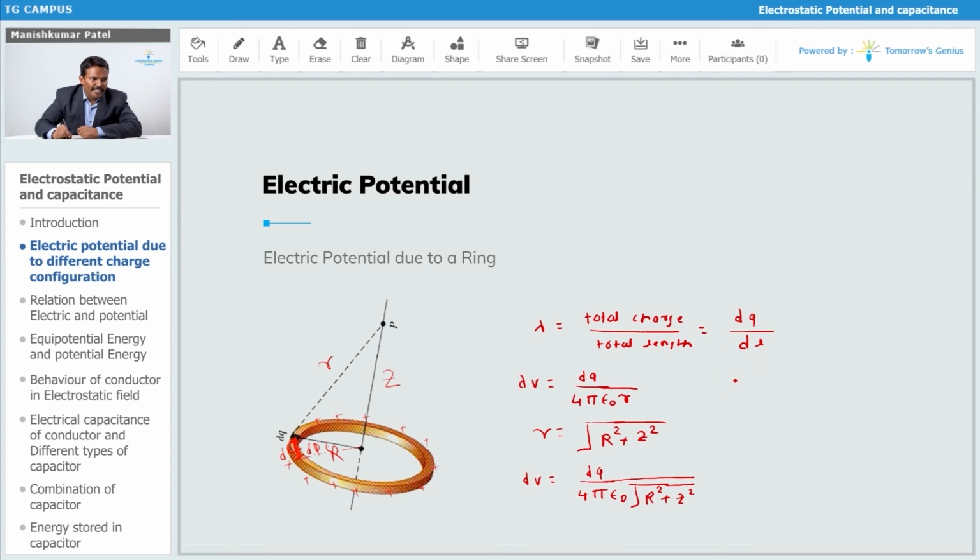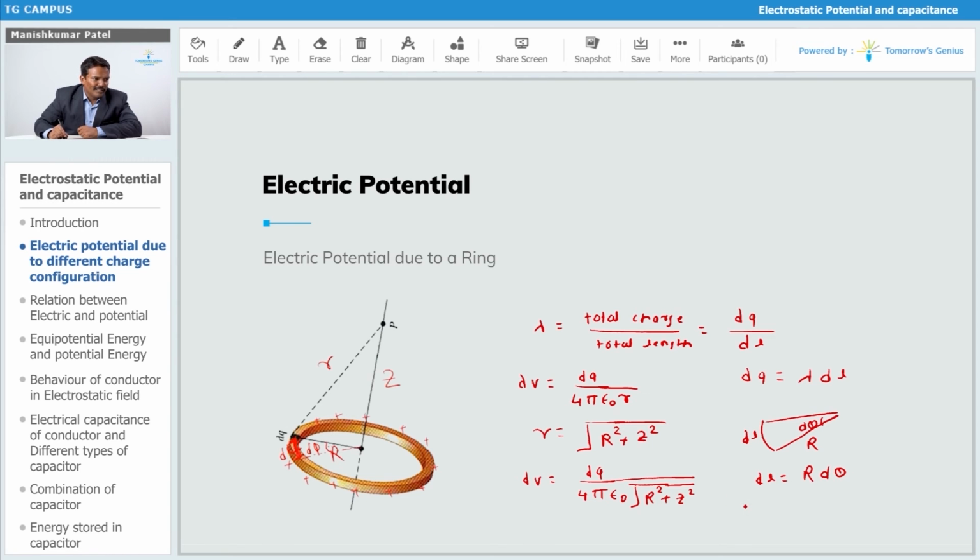Then this dq you can also write as lambda into dl. To find this dl, I can show it separately. You can write this dl as R into d theta. So this dl you have to write as R d theta.